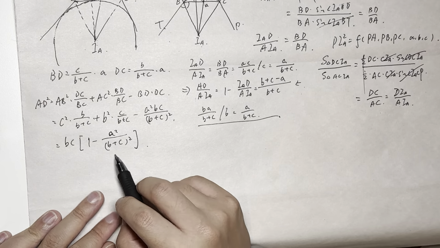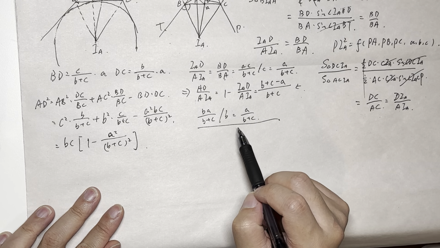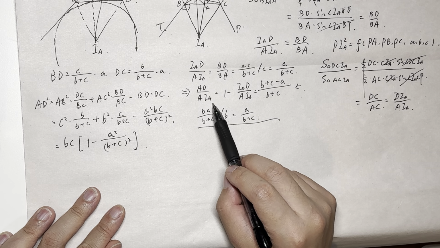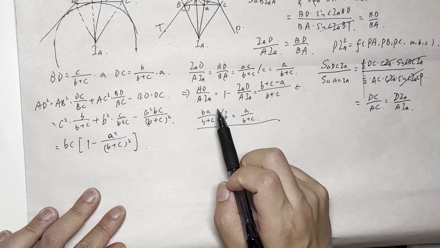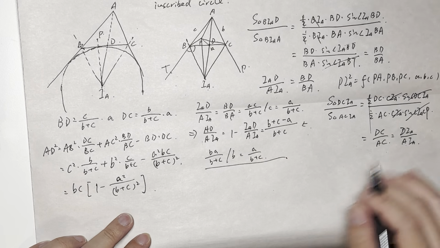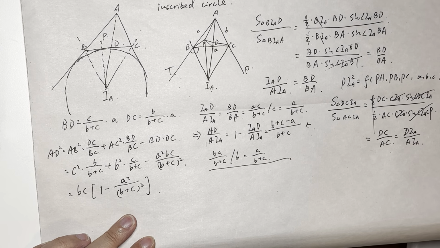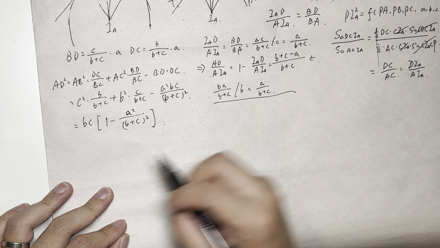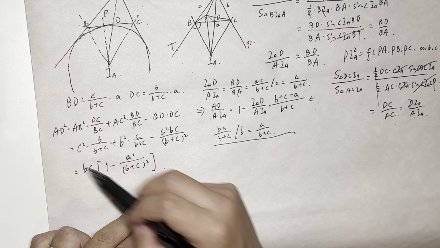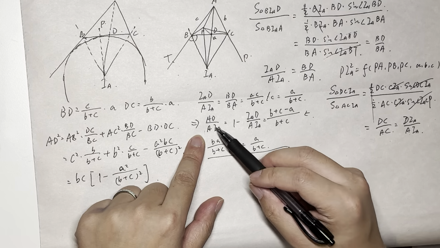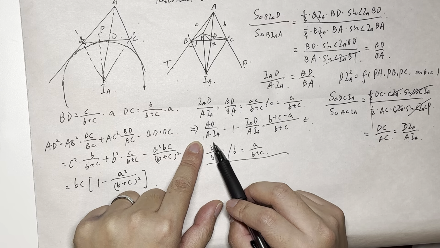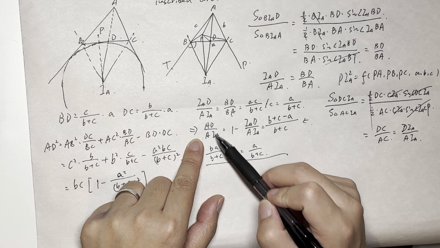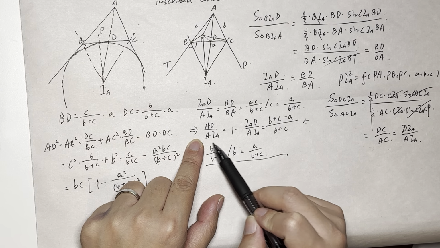And based on AD squared, we can get AIA squared, right? Or we can do this. We got AD squared, right? Because we have IAD to AIA, we have AD to AIA.